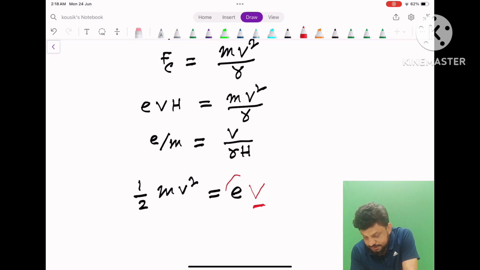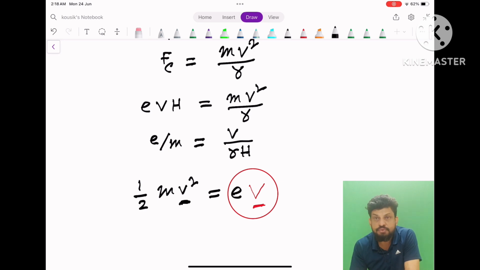This is the potential energy of the electron, which is converted to kinetic energy, and this v is actually the velocity of the electron.